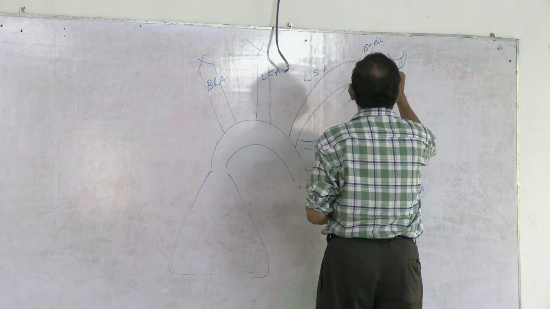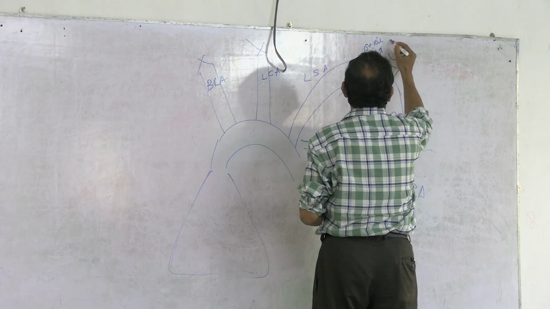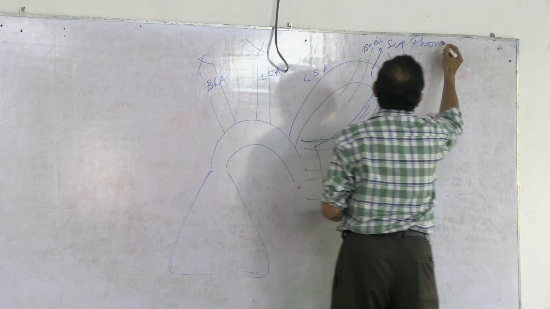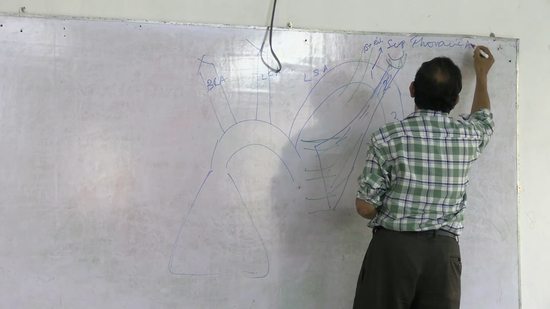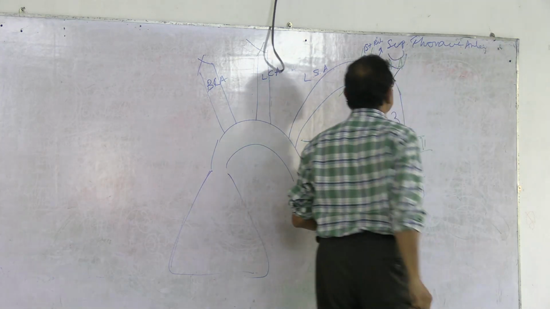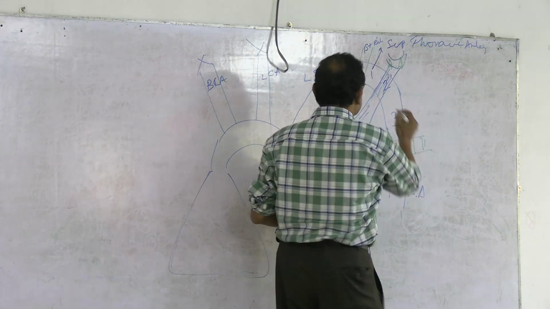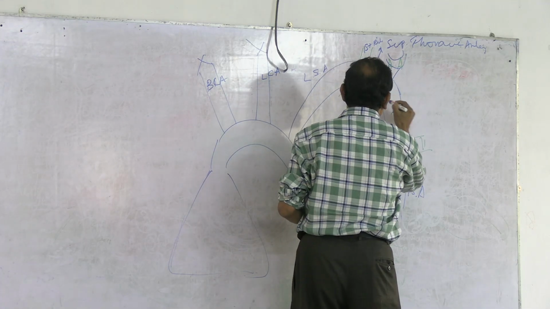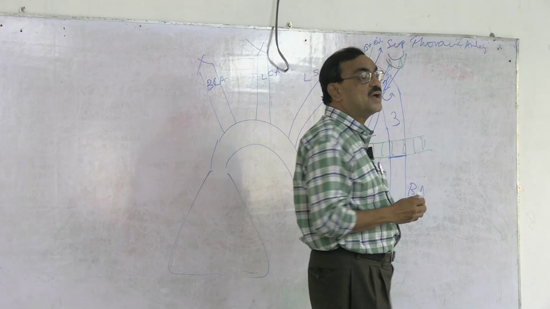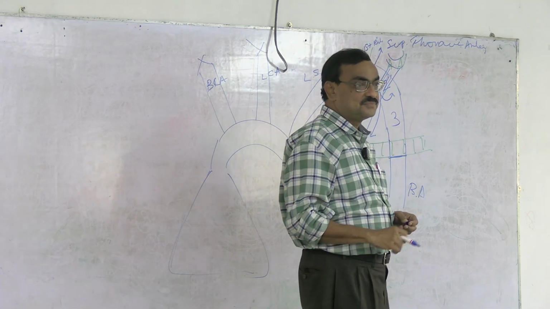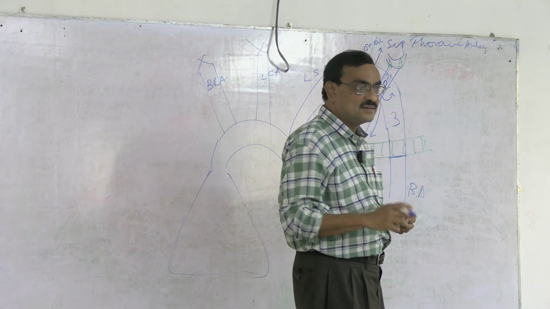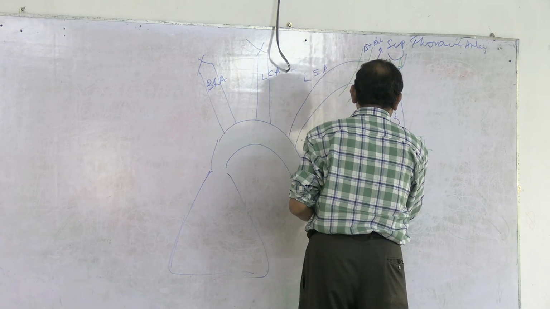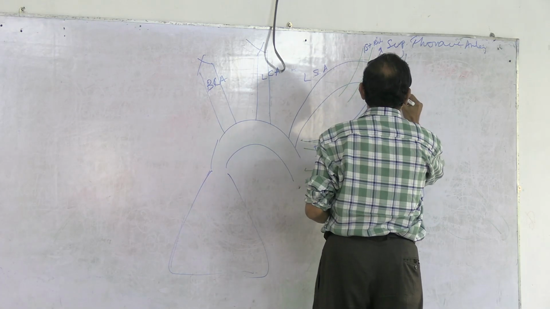From the first part, we will get the superior thoracic artery. From the second part, we will get the lateral thoracic artery and the thoracoacromial artery, which we will see today.